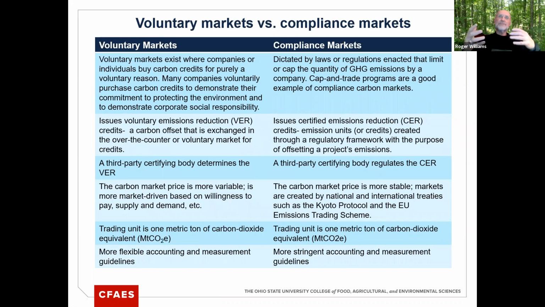One of the main differences is that compliance markets are more or less dictated by laws or regulations that limit or cap the quantity of greenhouse gas emissions by a company. In the compliance markets, we get into cap and trade programs, and a lot of these markets are determined by laws and regulations.